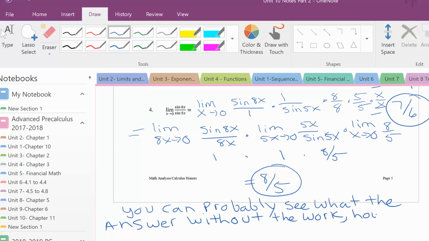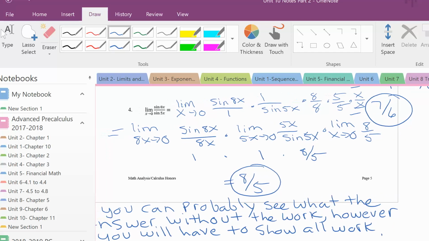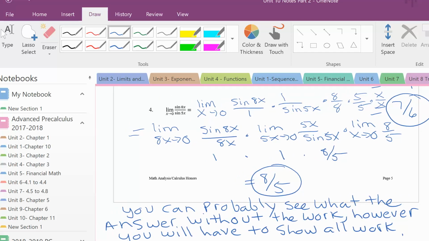However, you do or will have to show all the work. So you should know what answer you're trying to get, but you have to use the limit rules and the special trig limits to find that answer. So your work is going to be just as important as the overall answer.